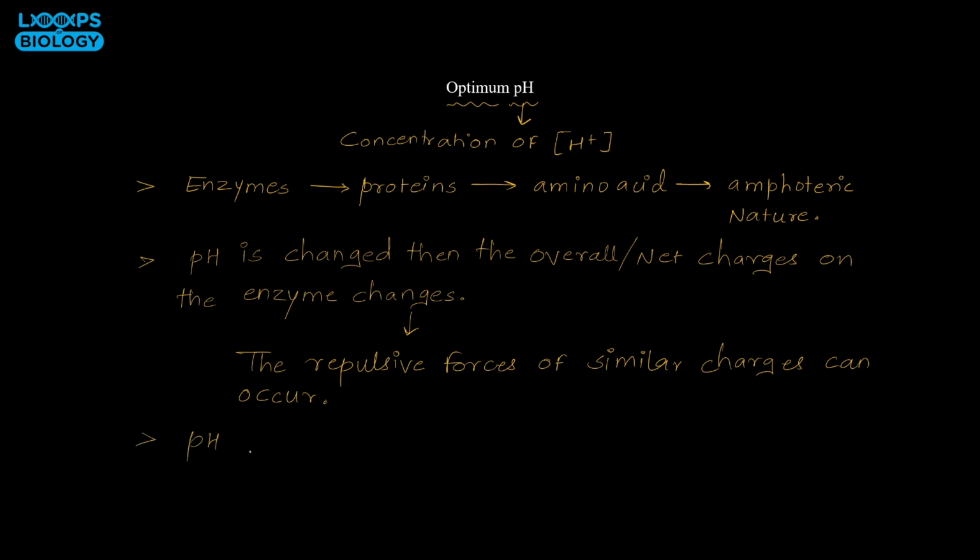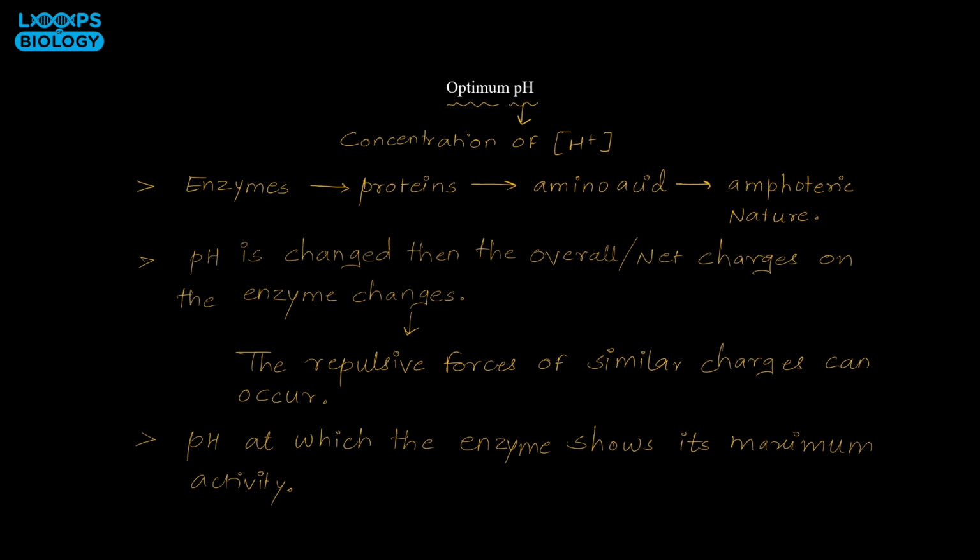So the pH at which the enzyme shows its maximum activity, such pH is called my optimum pH for the enzyme.